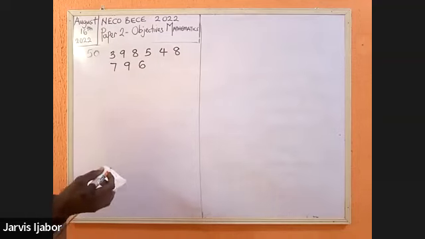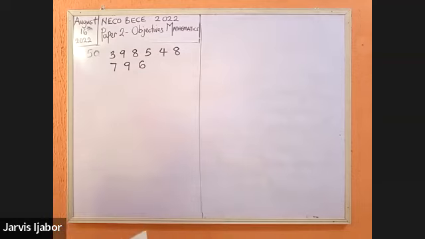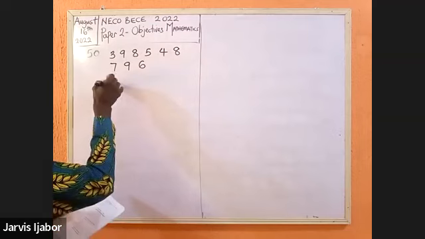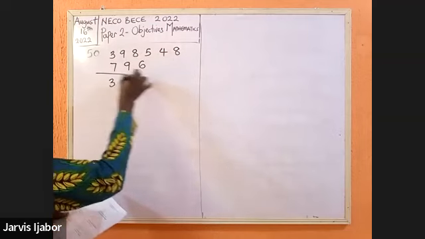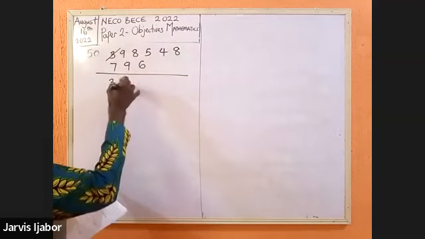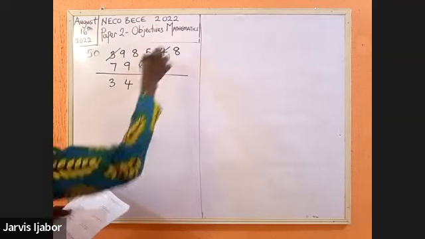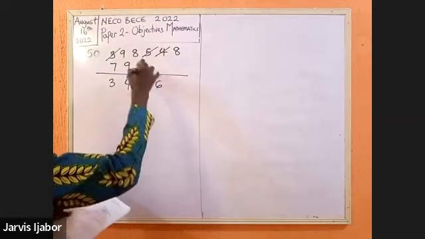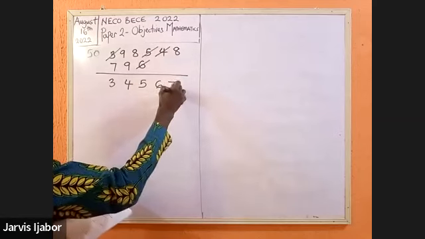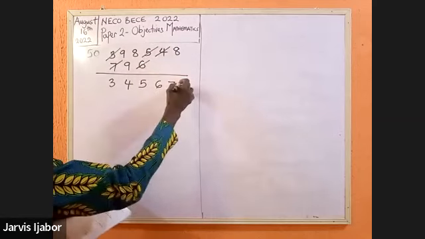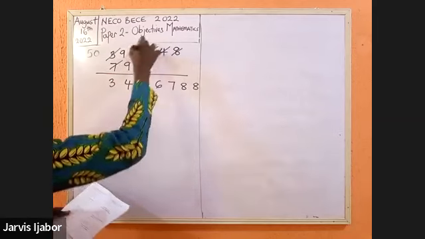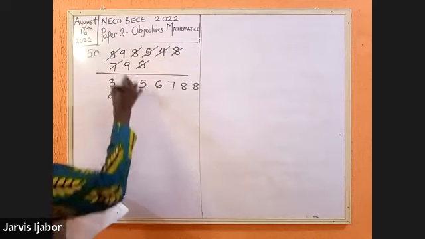Good. Now, we said that to look for the median, we must rank, and to rank is to arrange from lowest to highest. So I'll start with 3, then 4, 5, 6, 7, 8 twice, and 9 twice.